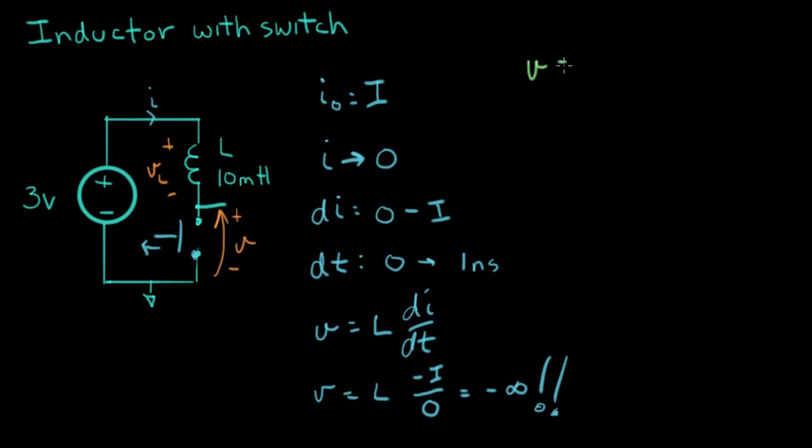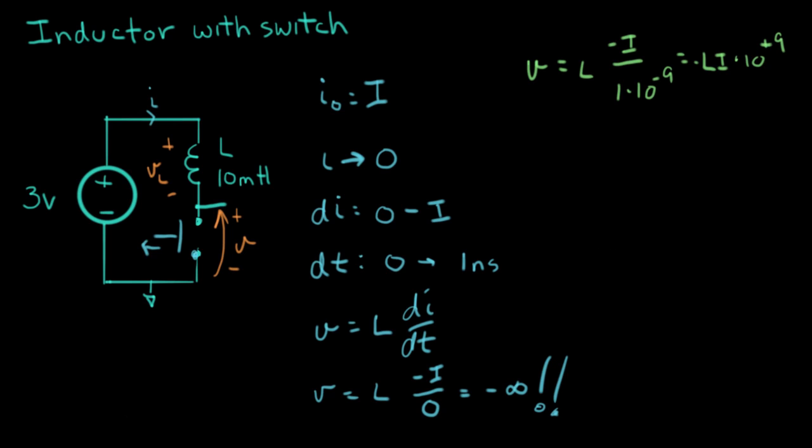V equals L times dI/dt, and dI we decided was minus I over 1 nanosecond, because it took 1 nanosecond to open the switch. 1 nanosecond is 1 times 10 to the minus 9. So what does that equal? That equals negative L times I times 10 to the, holy cow, 10 to the plus 9.